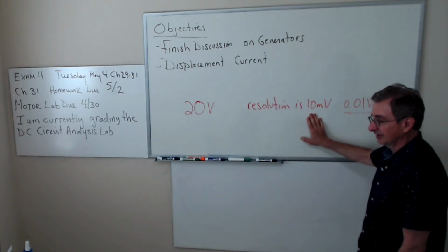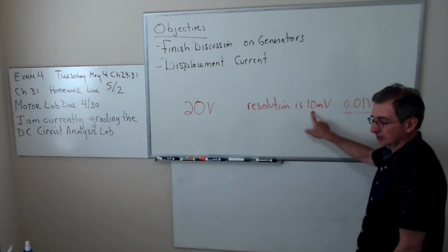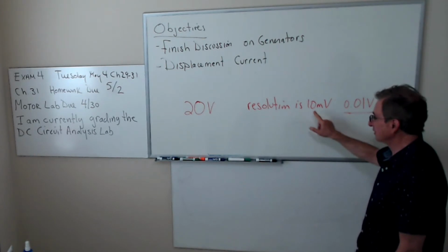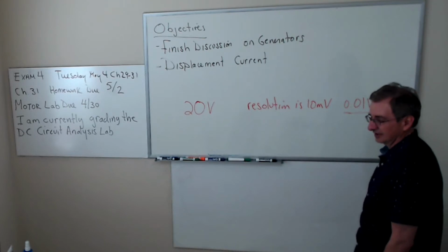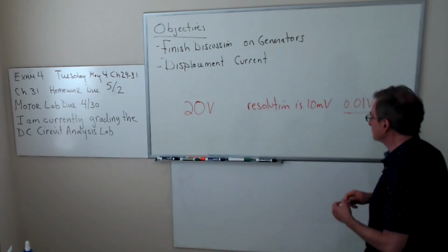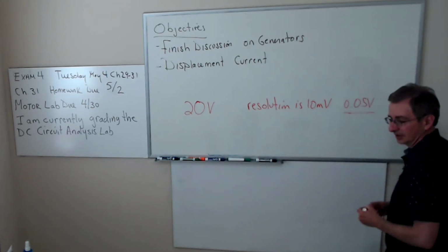Because it says something like 0.5% and then it tells you this resolution. I think it says 0.5%, and then it tells you how many digits, like the fifth digit. Okay, if it was the fifth digit, then really the accuracy should be this.